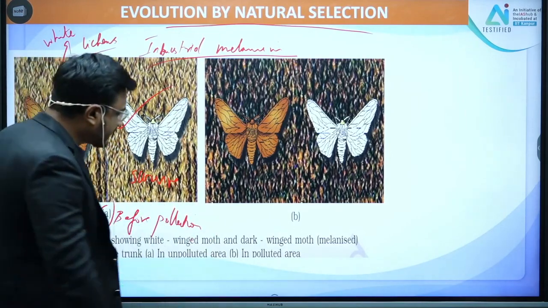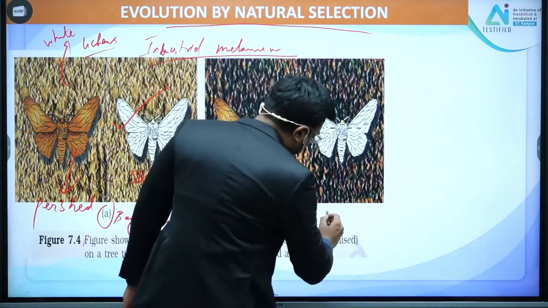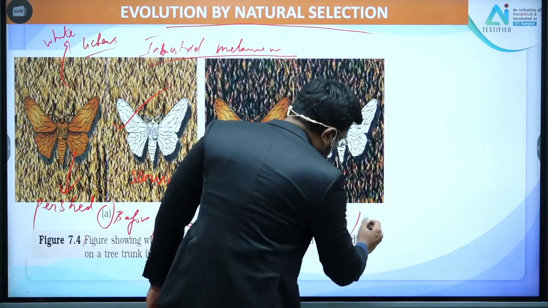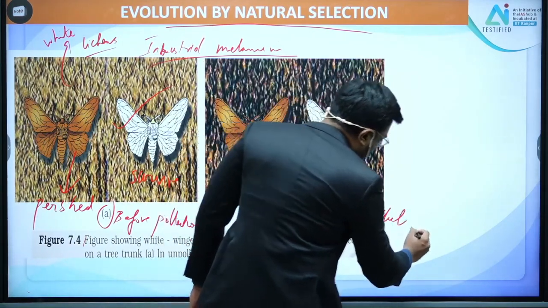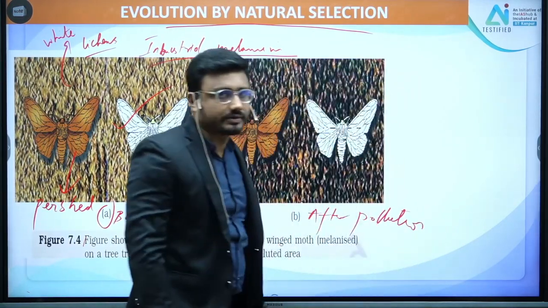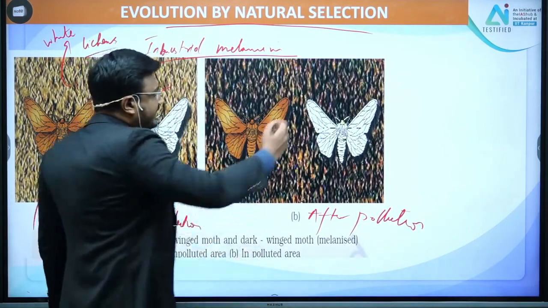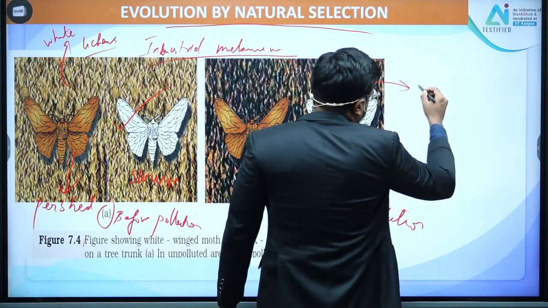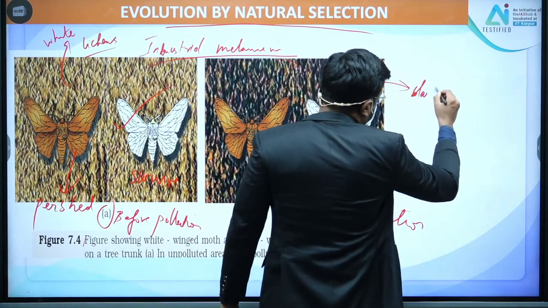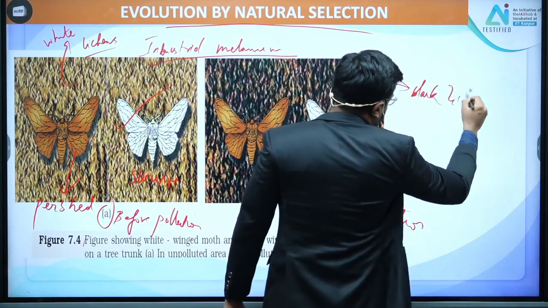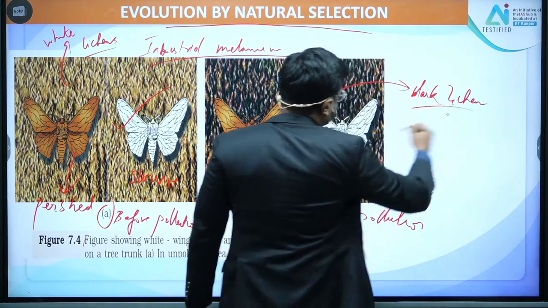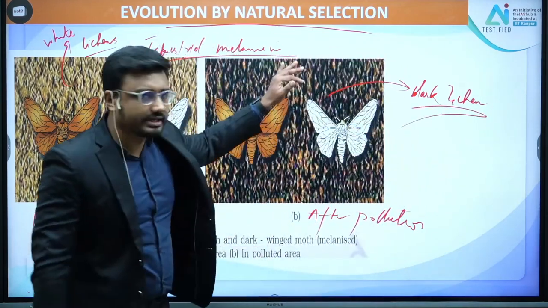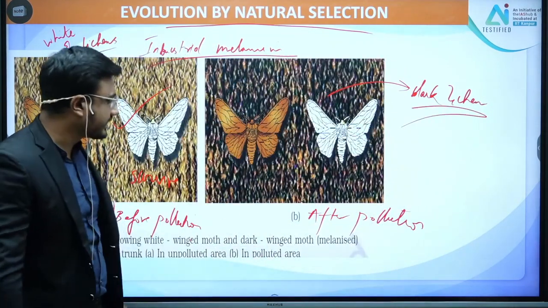But after pollution, represented by figure B, the smoke was released from the industries, and because of the smoke the white colored lichens were colored dark. So we have dark lichens on the bark of the tree.